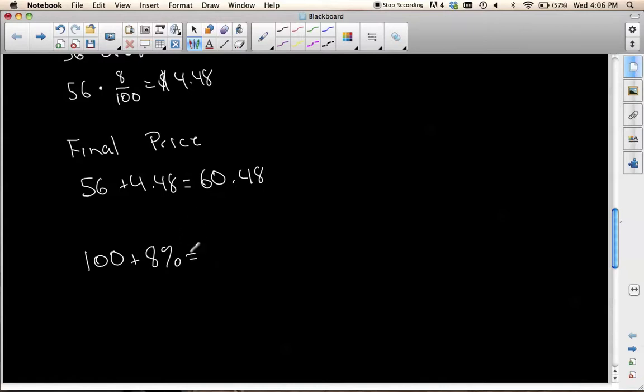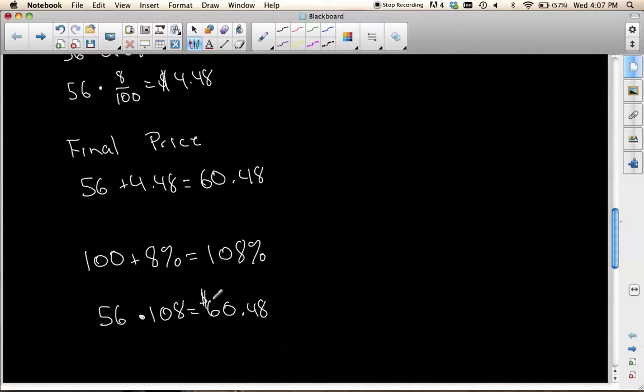So if I add those two together, I come out with 108%. So the full price is 100% of the price, and the 8% is the extra that I'm paying. So if I take my $56 and multiply that by 108%, I would end up with $60.48.